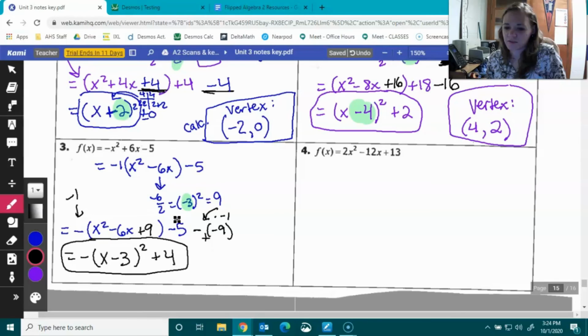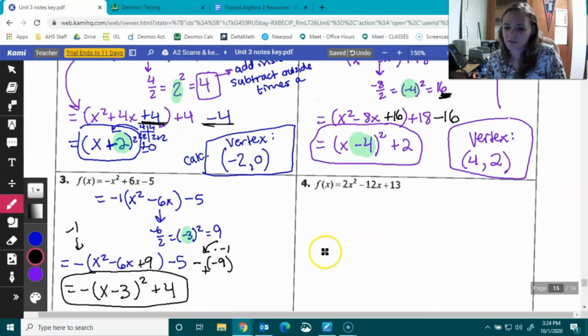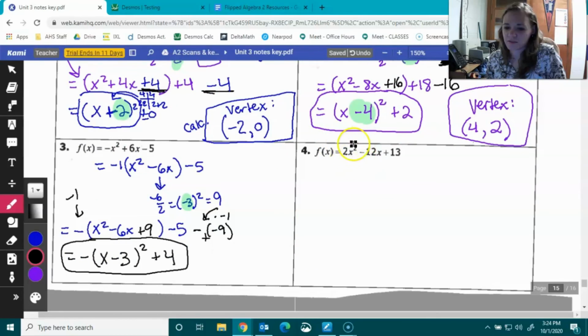So there's an extra step when that a value is not 1. In these ones, the a value was a 1. As you can see in number 4, the a value is, again, not 1. So we're going to have to take that 2 out front like we did the negative 1, and then the extra step will be we multiply this negative 2 times whatever this value is.